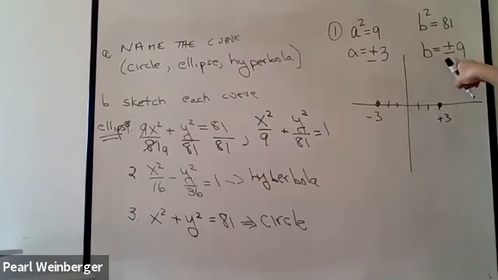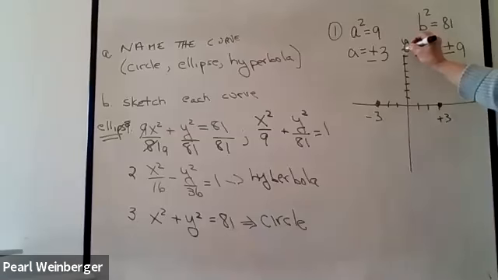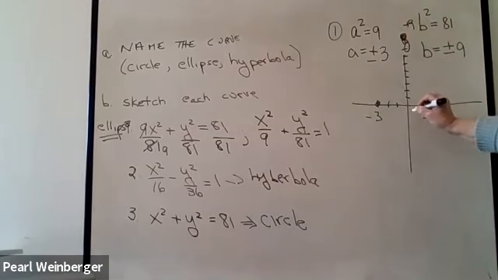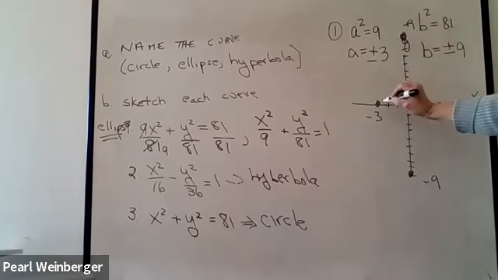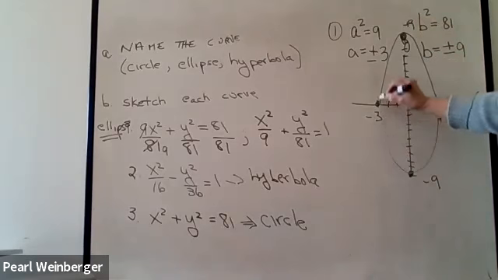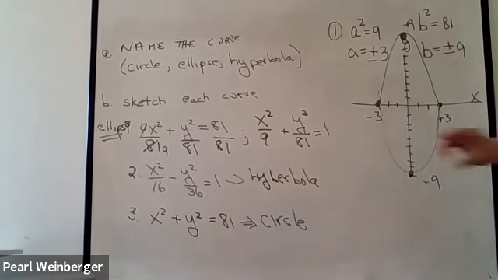On the y-axis, because that's what the b gives us, the y-intercept, I go up 9. 1, 2, 3, 4, 5, 6, 7, 8, 9. Here's my positive 9. And I go down to negative 9. And this gives me 4 points that I connect with an oval shape. And this is what my ellipse will look like.